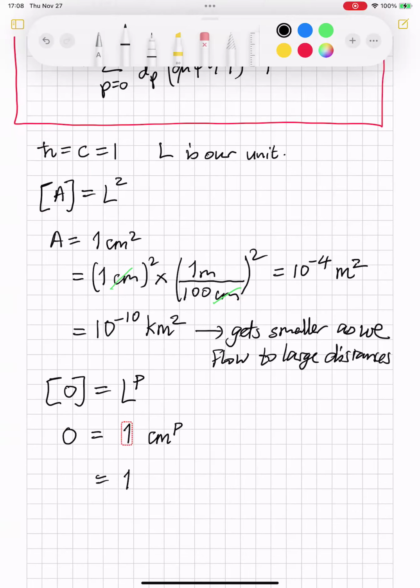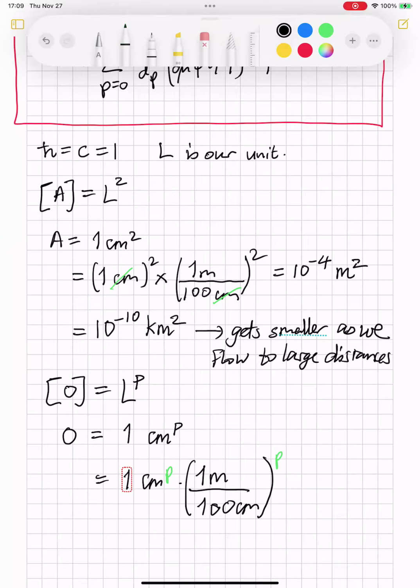So this is 1 centimeter to the P times 1 meter over 100 centimeters, and we will raise this to the power of P. Good.